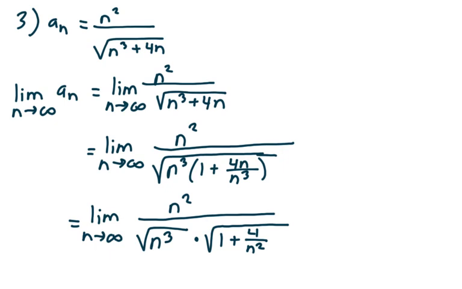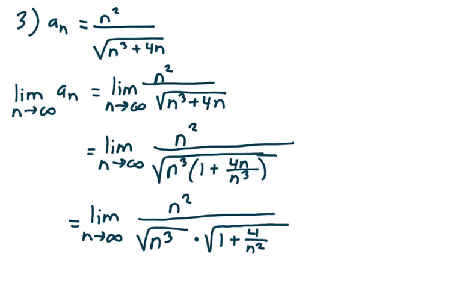And so what I'm going to do is factor out an n to the third within the radical. And when I do that, I get the limit as n goes to infinity of n squared divided by the square root of n cubed times the quantity 1 plus 4n over n cubed.